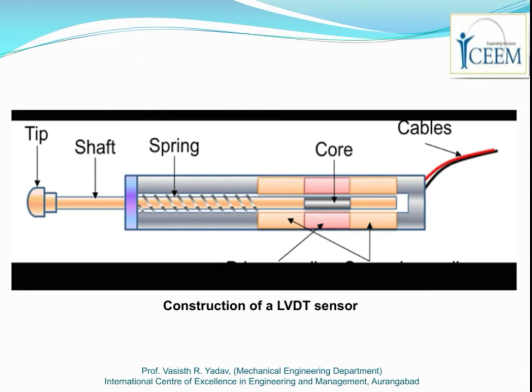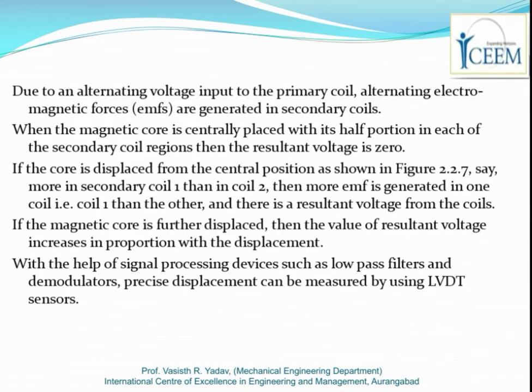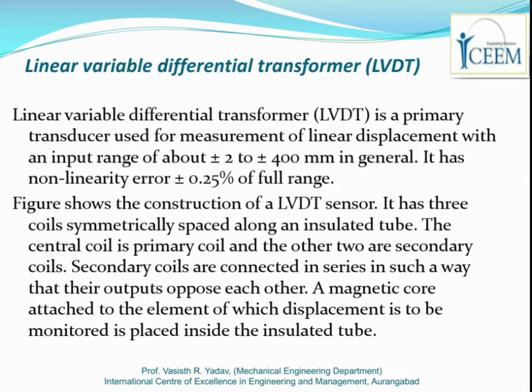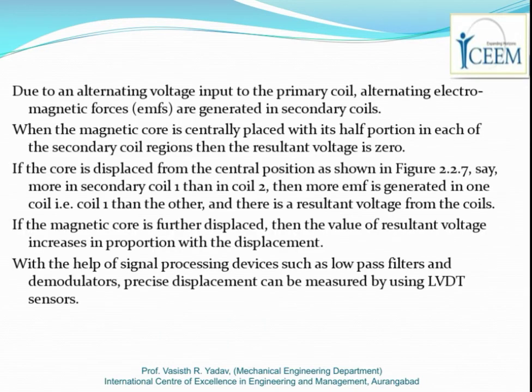After that we place a magnetic core, which is attached to the element whose displacement is to be monitored, inside this insulated tube. Right? So let us see how it works.